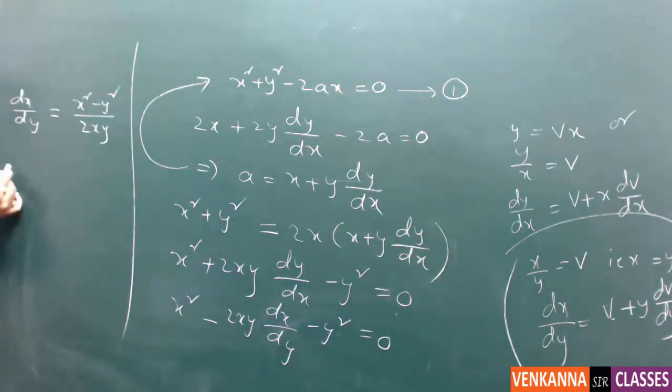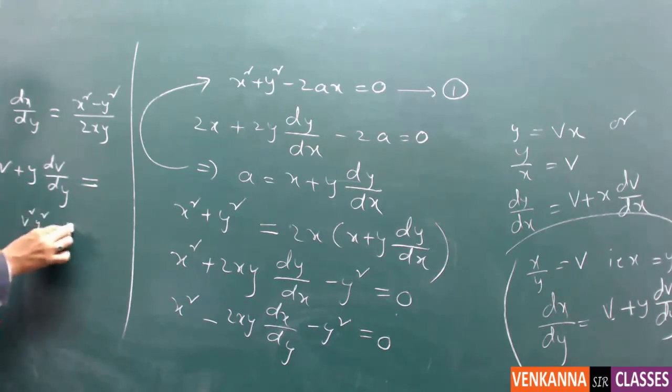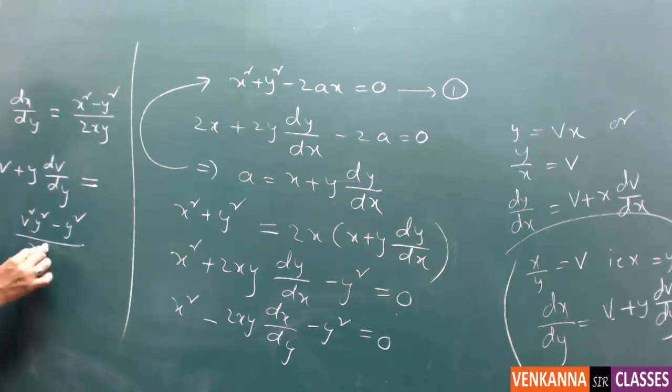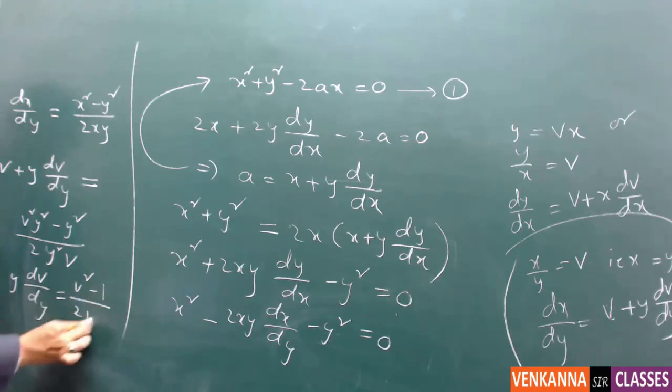You have v plus y into dv by dy is equal to, so x is equal to yv, v square y square minus y square by 2x into, so x is nothing but yv, so y square v. So y square gets cancelled, so y into dv by dy is equal to v square minus 1 by 2v minus v. Accepted?